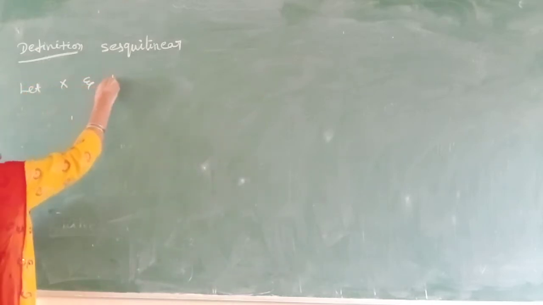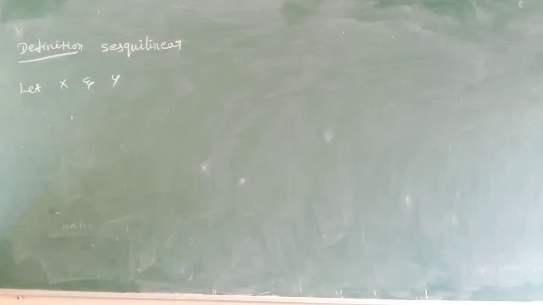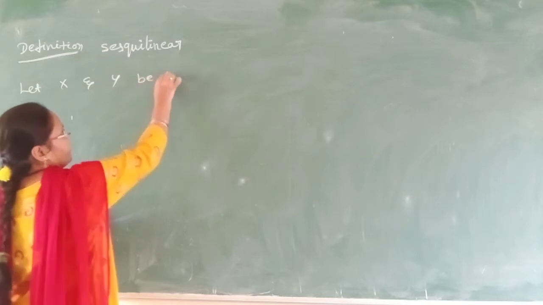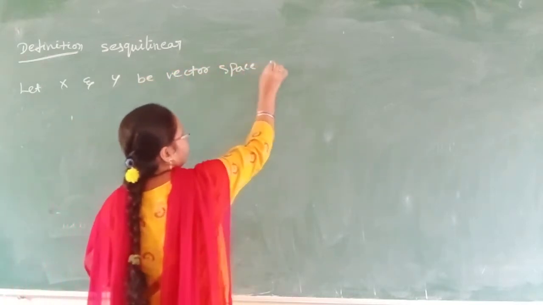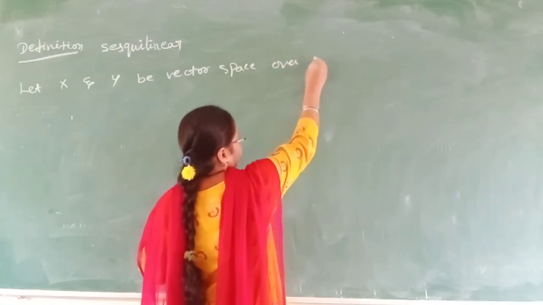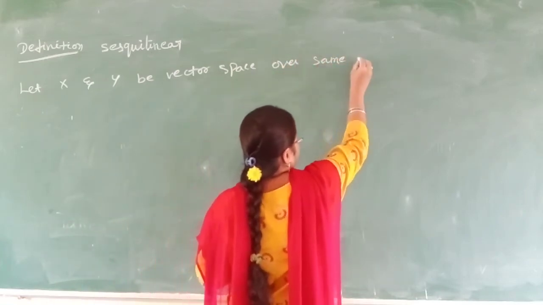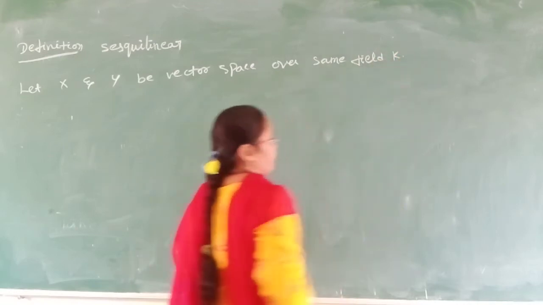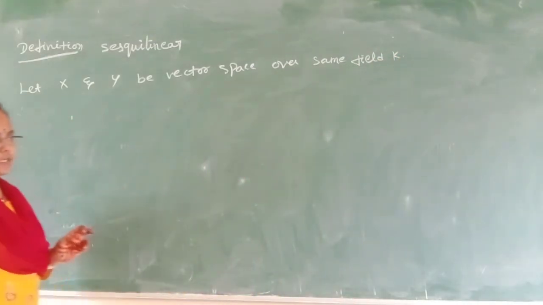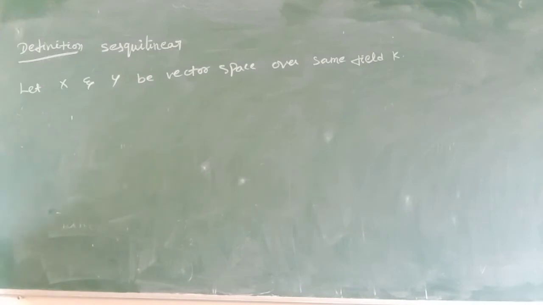So here the definition is: let X and Y be vector spaces over the same field K. Form or functional means a mapping from domain to codomain.